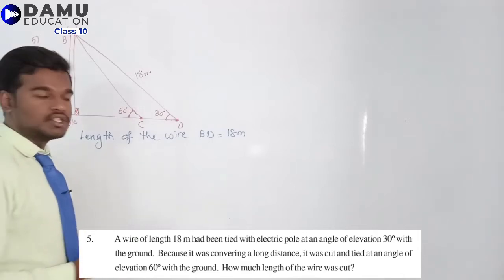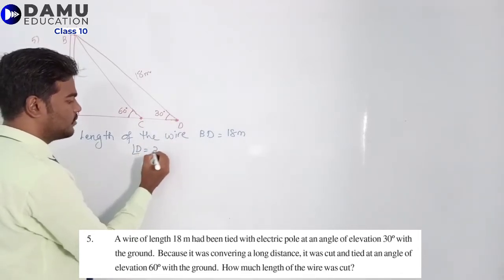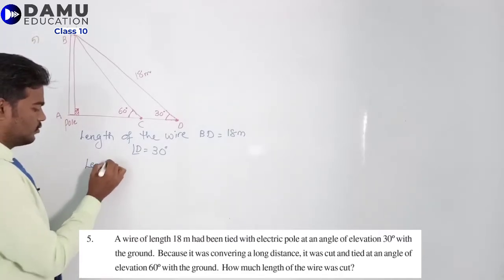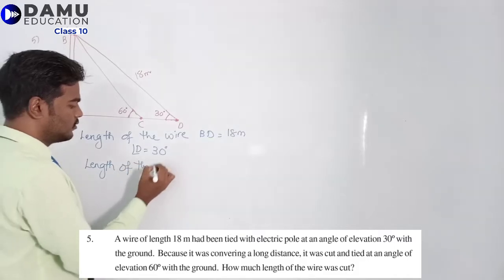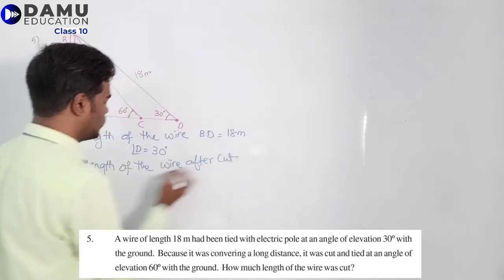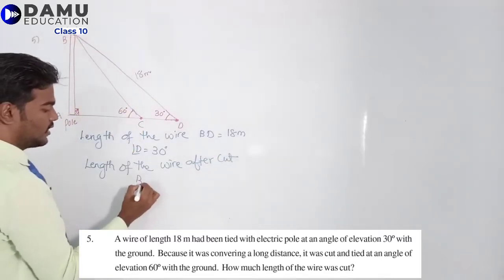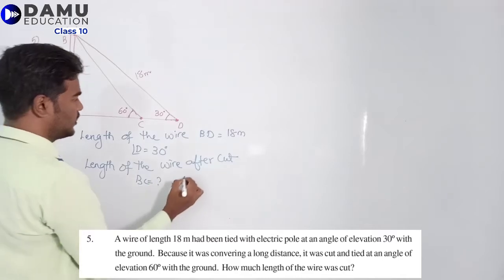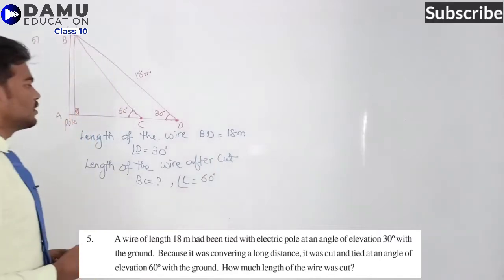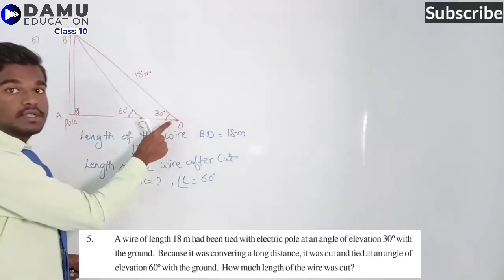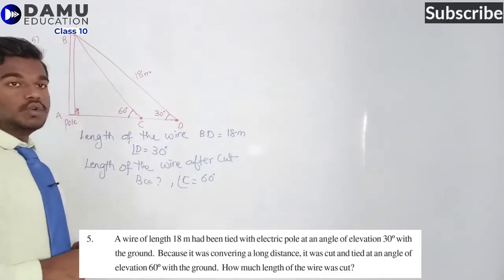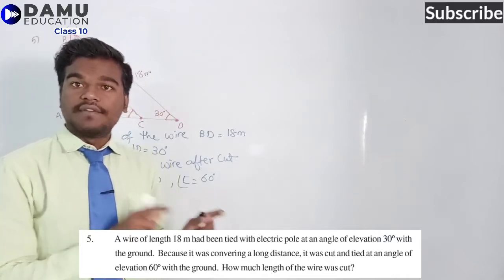Then the angle of elevation: angle D will be equal to 30 degrees at first. Then the length of the wire after the cut, BC, we have to find. The angle of elevation at C is 60 degrees. So what we need to find is BC, how much length was cut.